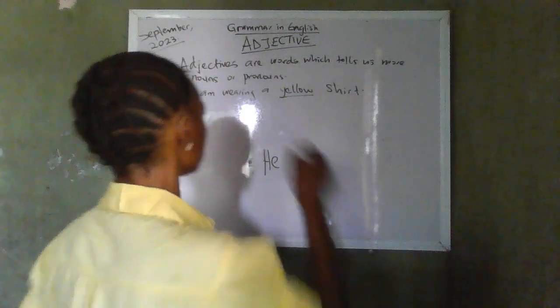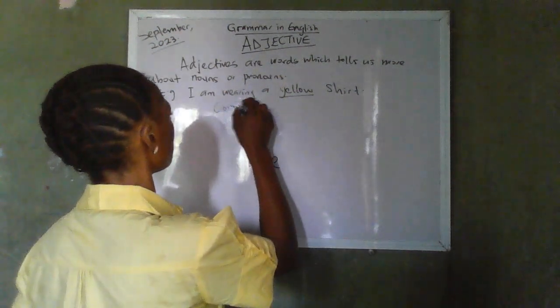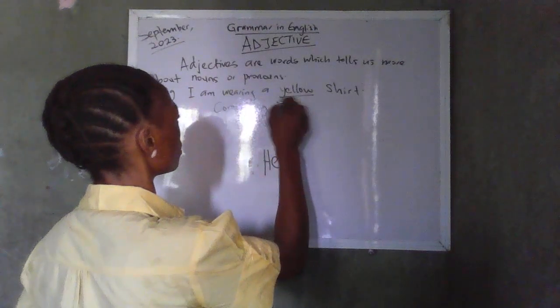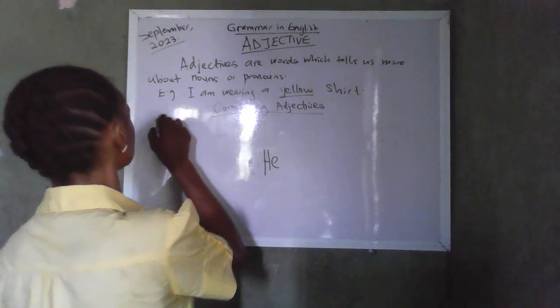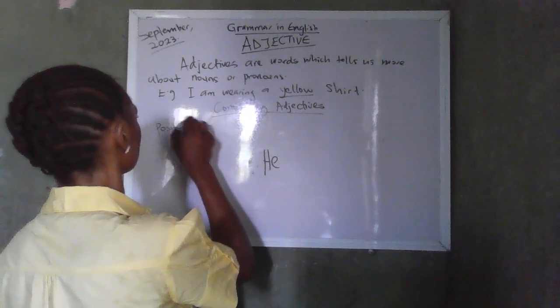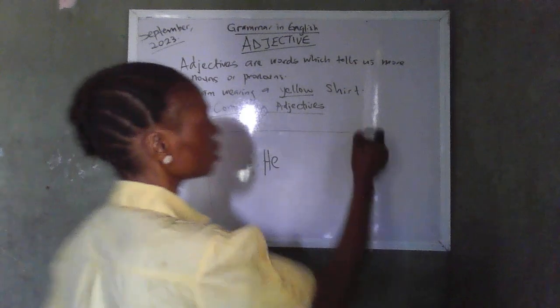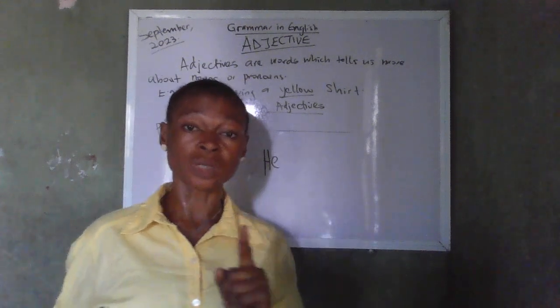So, comparing adjectives now. We have the positive form, when you are describing just one object.